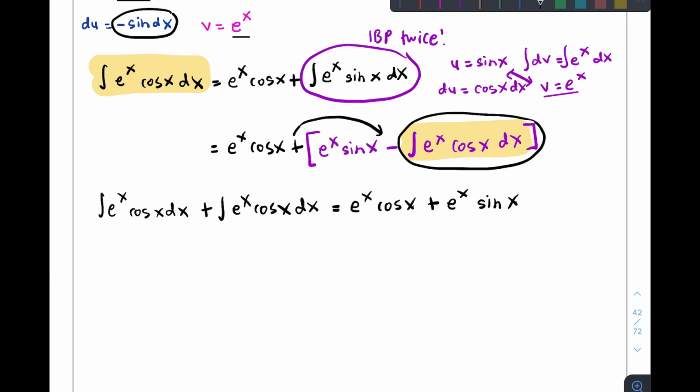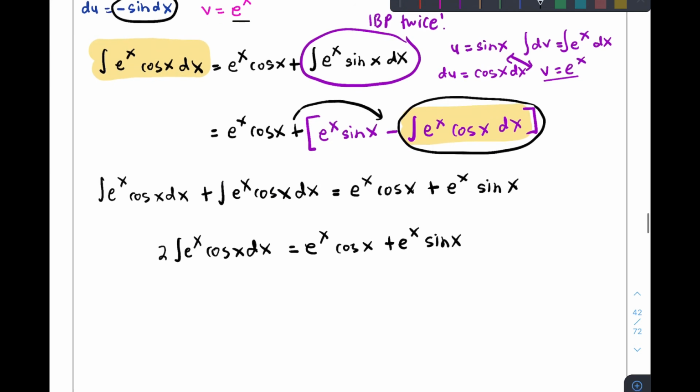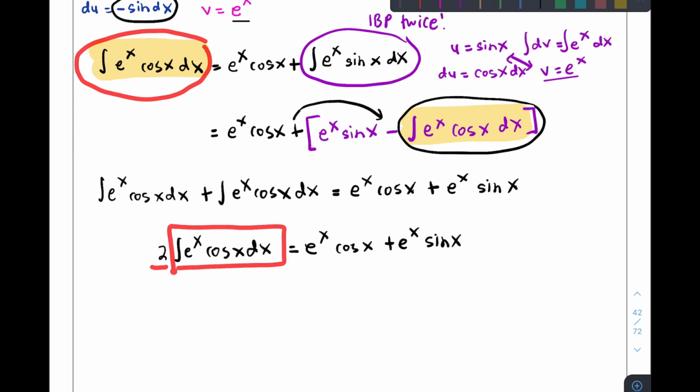So basically 2 times the integral of e^x cos x dx equals e^x cos x plus e^x sin x. But do we have the answer for the question they asked? How do we eliminate the 2?